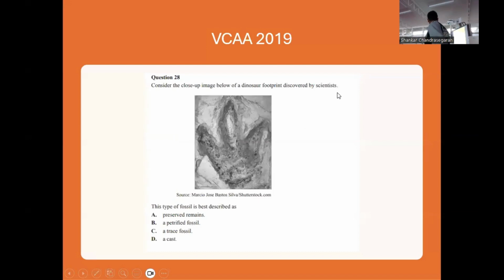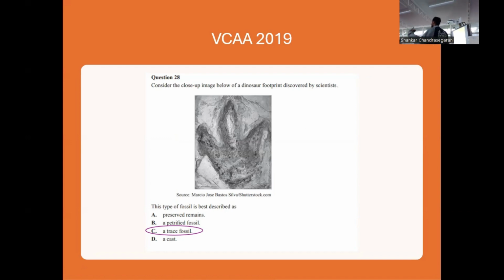All right, so I think we've already done this question, so I'll just skip it. Yeah, trace fossils. Can anyone tell me why it's a trace fossil? This is something we've discussed as well. Avi? So what is the key feature about a trace fossil? Yeah.